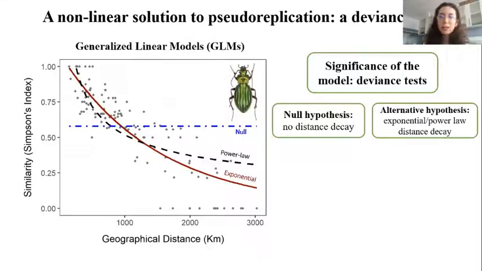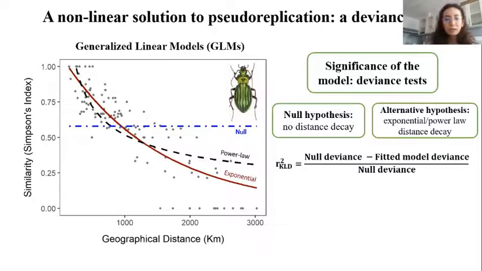These tests are based on the deviance of a model. The deviance of a model is a measure of how much it digresses from a saturated ideal model that fits all the data. And we can compare this deviance measure for the null model and for our fitted model and see if they are the same or if our fitted model fits better.